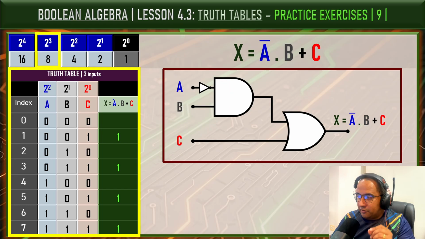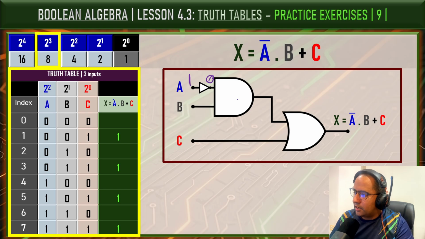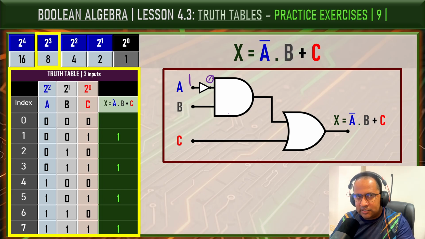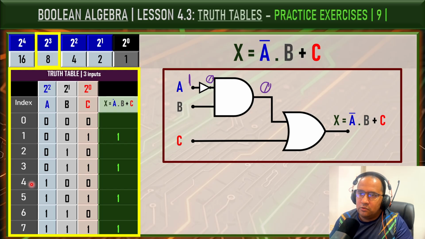This means whenever A is equal to 1, its complement becomes 0, okay, before entering the AND gate. And remember, in this case, the input C must be 0. Any combination AND with 0 results in an output 0, okay? Therefore, rows 0, 4, and 6 can be completed immediately with 0.